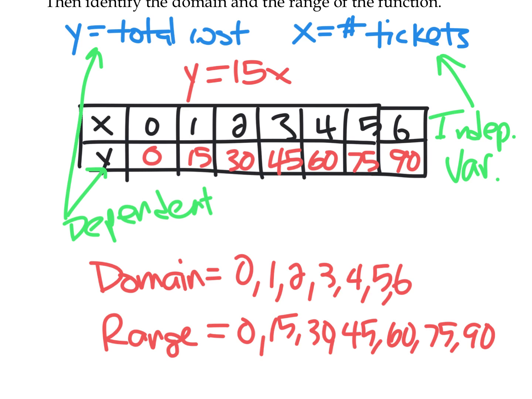And then also remember what a function is. This is an example of a function because every input has exactly one output that it's paired with. No matter what I plug in, I know exactly what I'm going to get out. So there's a lot of terminology. Know the different terms, what they relate to, and how they relate to one another as we continue to learn about functions, looking at them as rules and tables, inputs and outputs, domains and ranges.